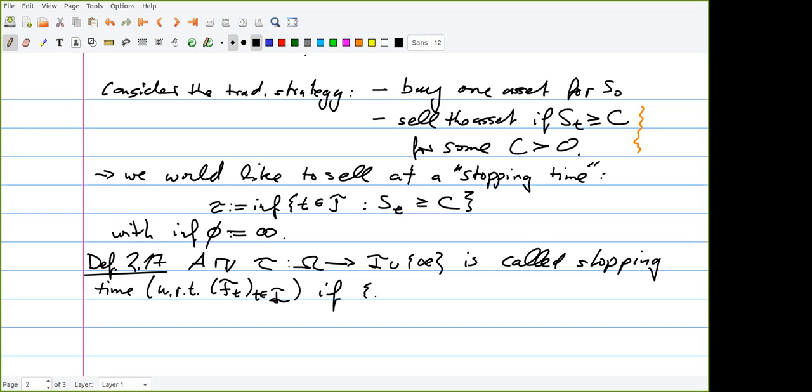And what we want to be able to do is decide at time t whether we have to stop or not. And this means given the information at time t, so the sigma algebra F_t, we want to decide if tau is less or equal to t or not. Right.